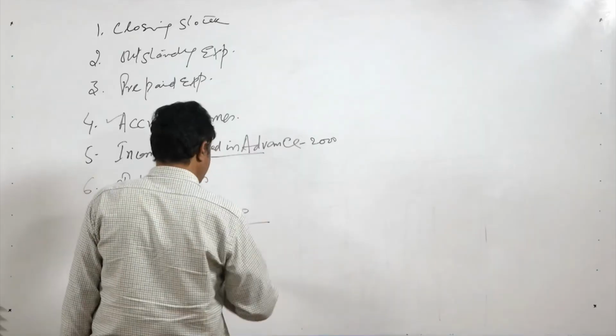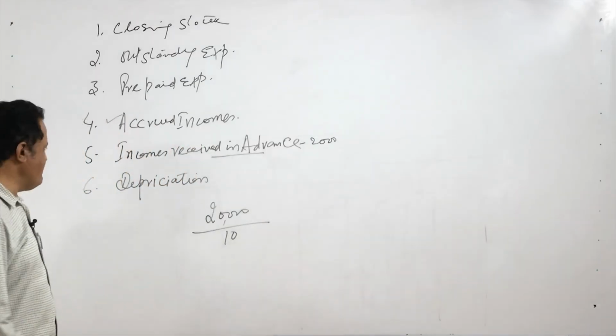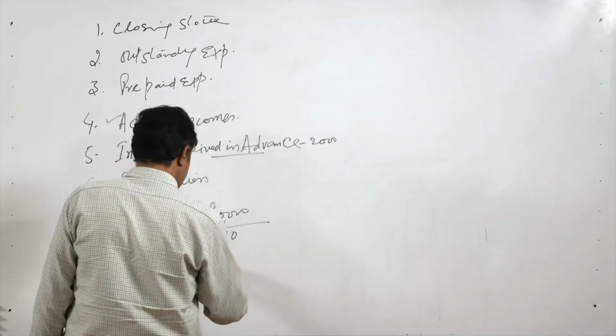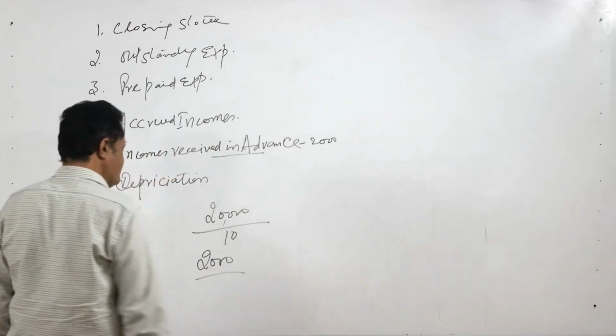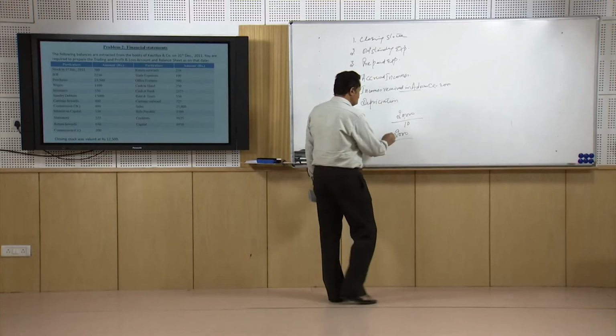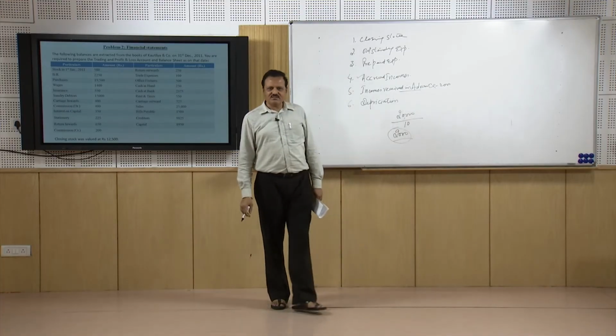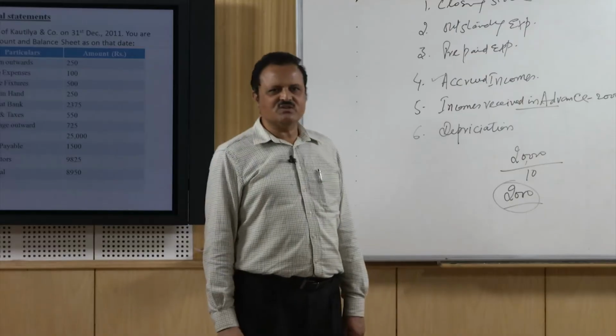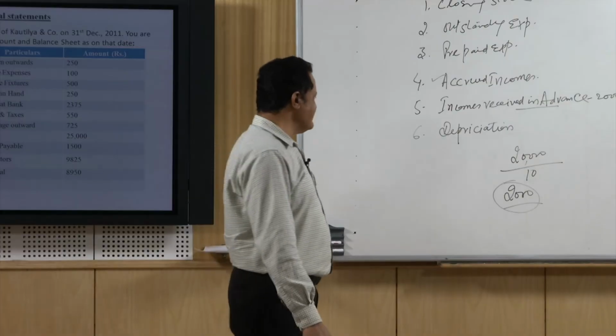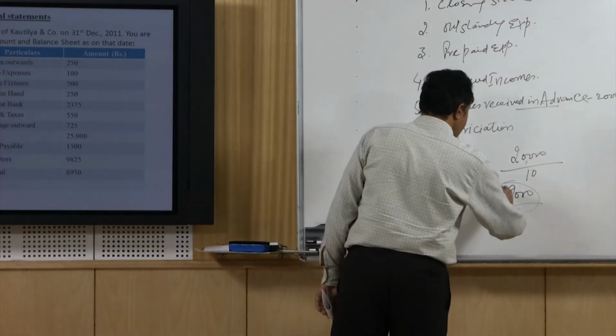So, you will divide it by 10, and every year this building's value reduces by 2000 rupees. This 2000 rupees reduction in the value of the building, because of wear and tear, or use, or any other reason, is called depreciation.